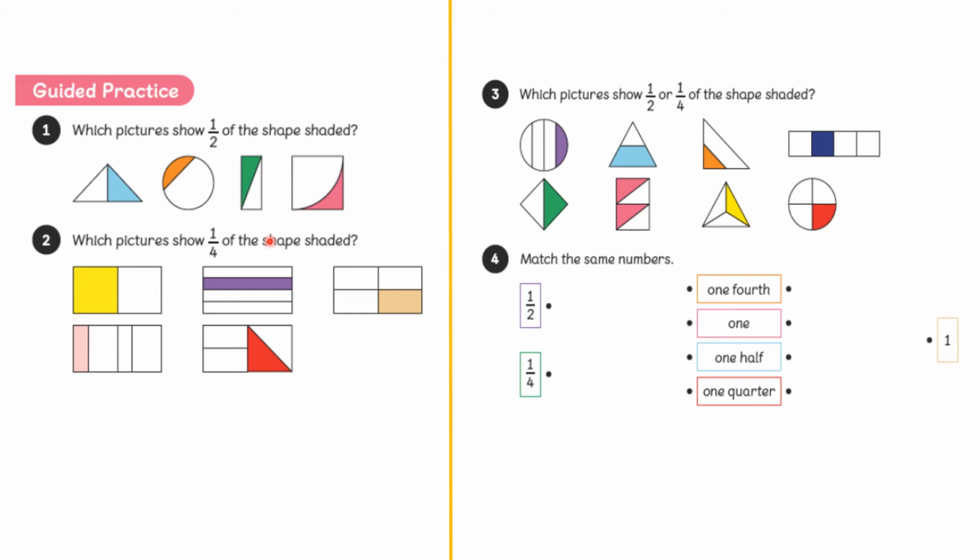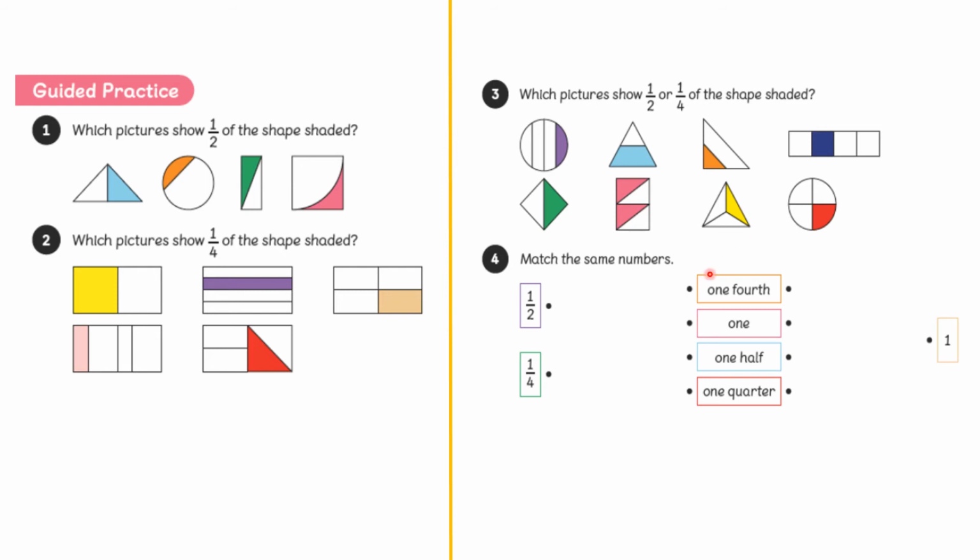Again, you can tick the ones that you think are correct, or draw them, or maybe give them a letter or a number, whatever's easiest for you. Question 3, which pictures show half or 1/4 of the shape shaded? So this time you're looking out for shapes showing 1/2 and shapes showing 1/4.